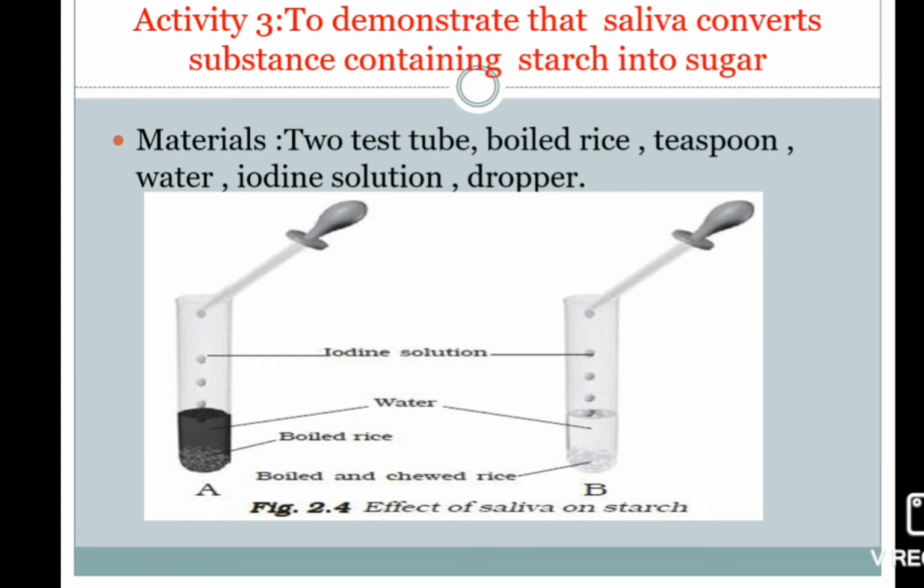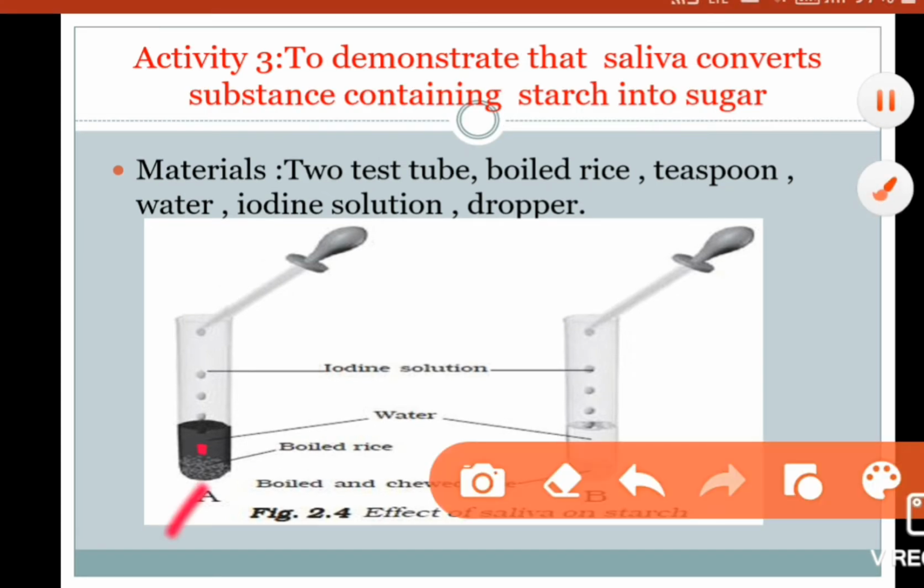In test tube A, the solution becomes black or blue, which indicates the presence of starch. In test tube B, there is no change in color of the solution, which indicates the absence of starch. Conclusion: the saliva breaks down the starch into sugar.